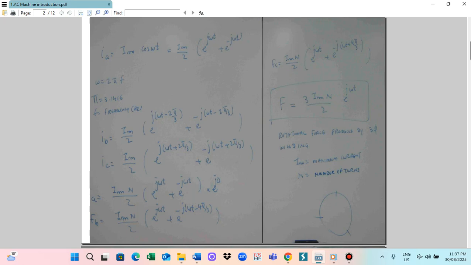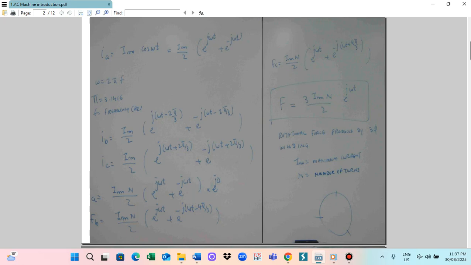And also FC you can calculate: IM N by 2 times e power j omega t plus e power minus j omega t plus 4 pi by 3. So those are the force formulas.